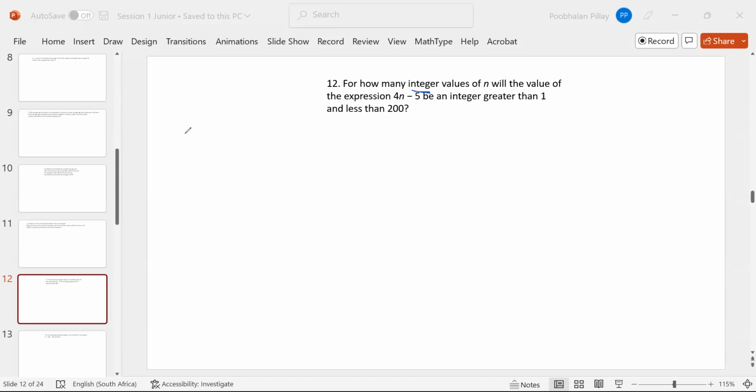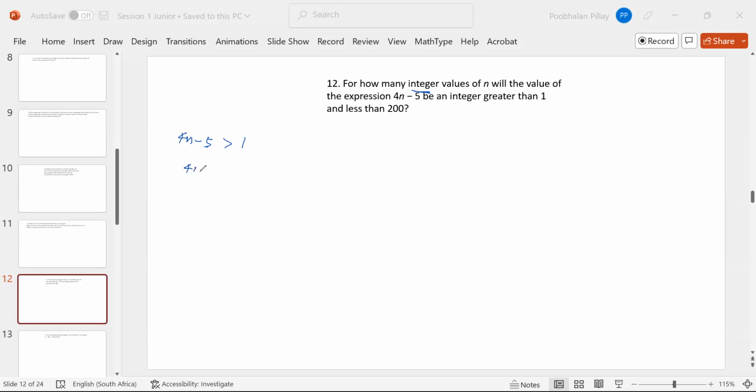All right, so you want 4n minus 5 to be greater than 1. That's the sign, greater than 1. Now you can solve for n here. How do you do that? Just as we did before.